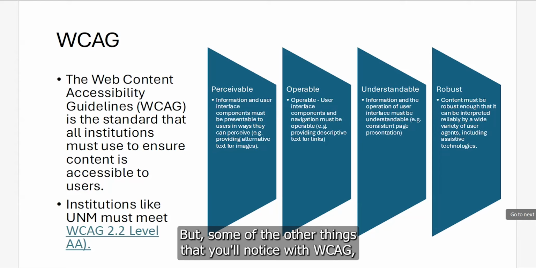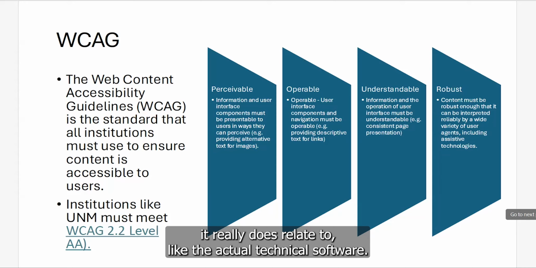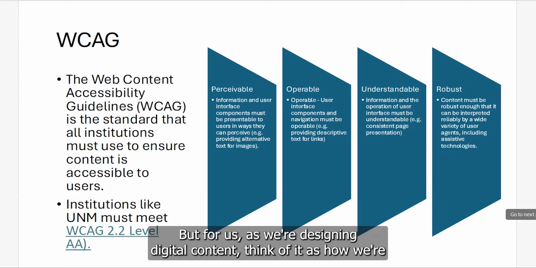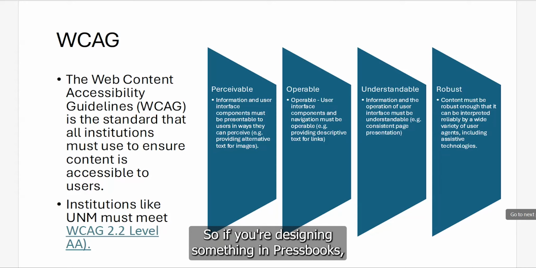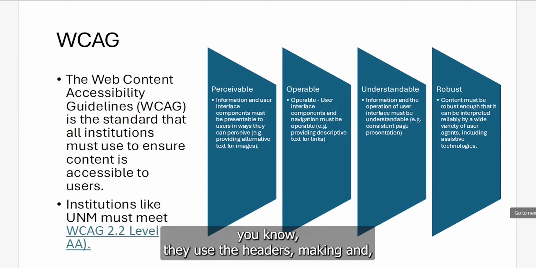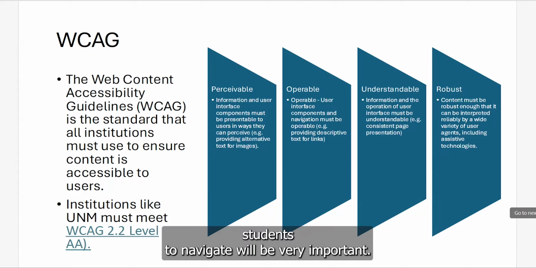But some of the other things that you'll notice with WCAG, it really does relate to like the actual technical software. But for us, as we're designing digital content, think of it as how we're organizing our content to make sure that users can navigate through it. So if you're designing something in Pressbooks, the use of headers, making it easy for students to navigate will be very important.